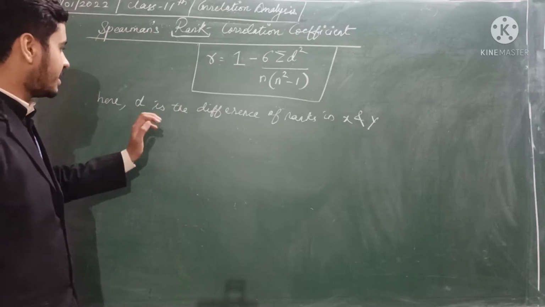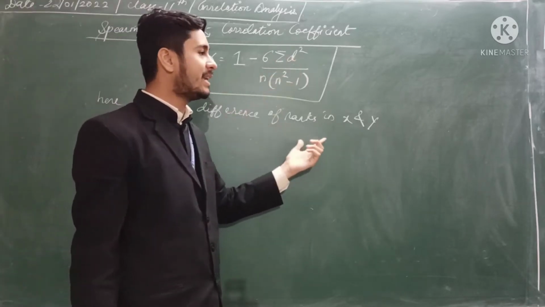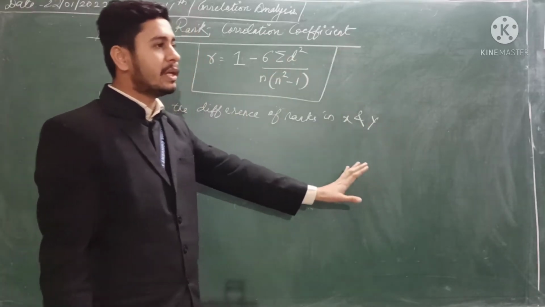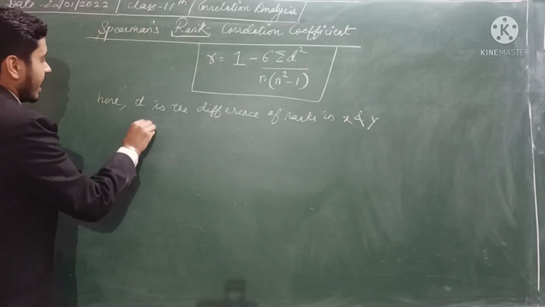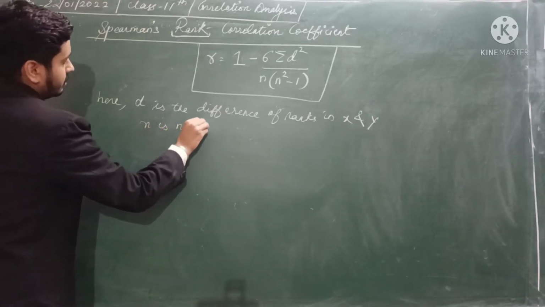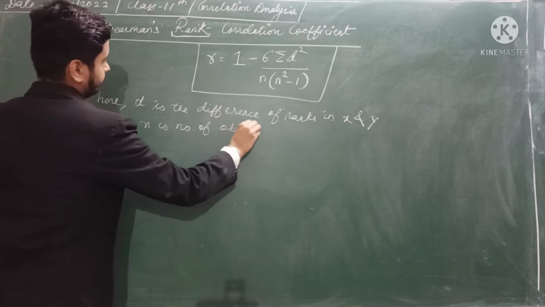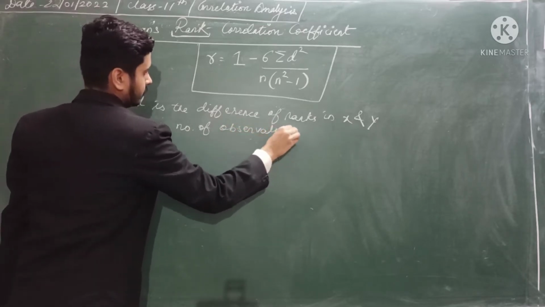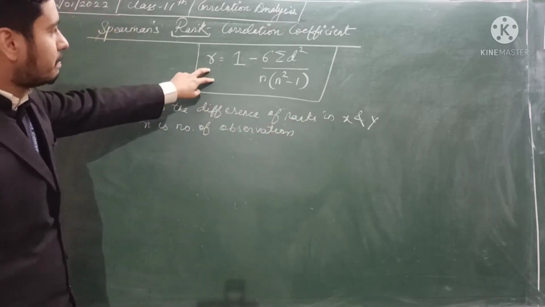Just now, understand that D is the difference of the rank in X and Y. We'll do one question and you will understand each and everything. And N is the number of observations. This is a simple formula.